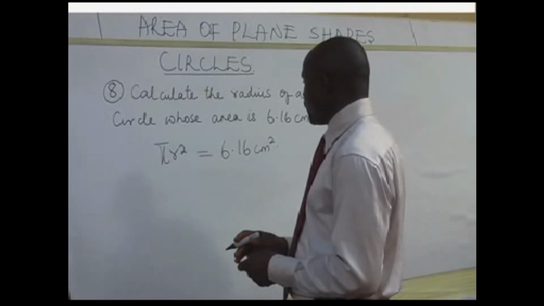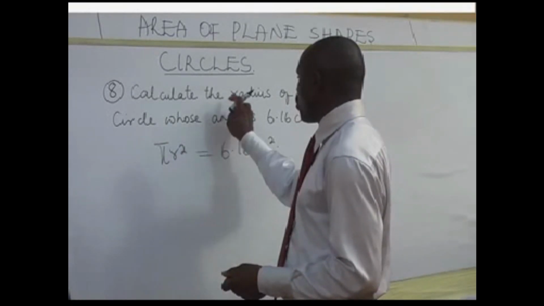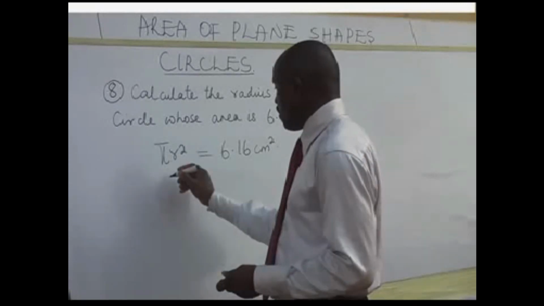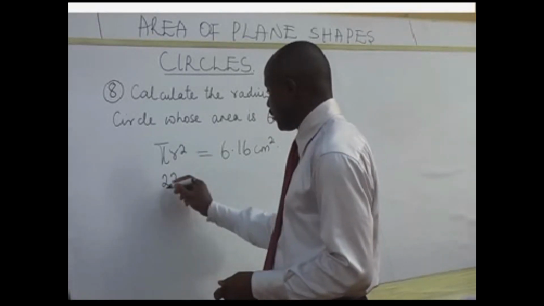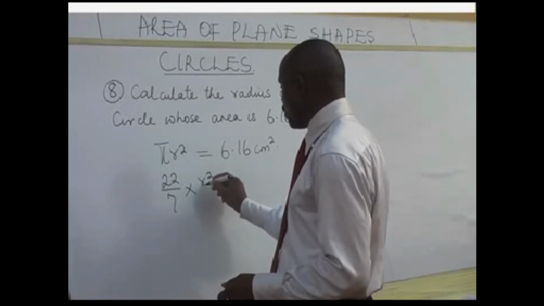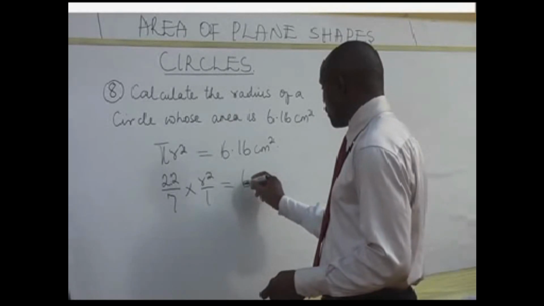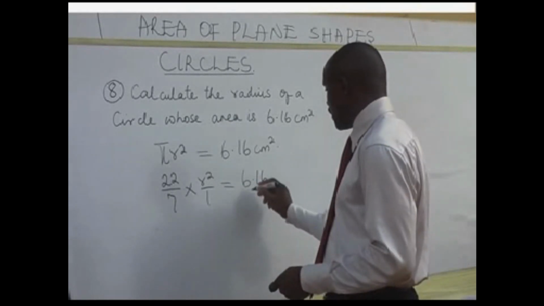So therefore, in this equation now we can find r, which the equation says we should find. Pi is 22 over 7 times r squared, which the equation is requesting from us, is equal to 6.16 all over 1.